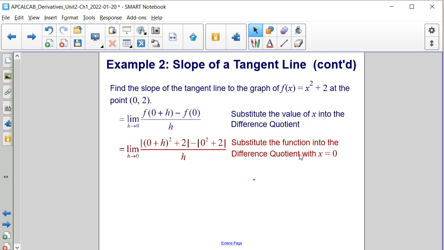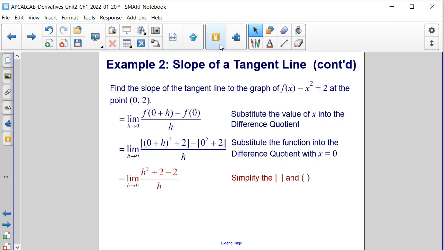Next, substitute the function into the difference quotient with the x value of 0. So we have f of, instead of x here, it'll be 0 plus h squared plus 2, and then minus 0 squared plus 2, all divided by h, and we're taking the limit of this as h approaches 0.